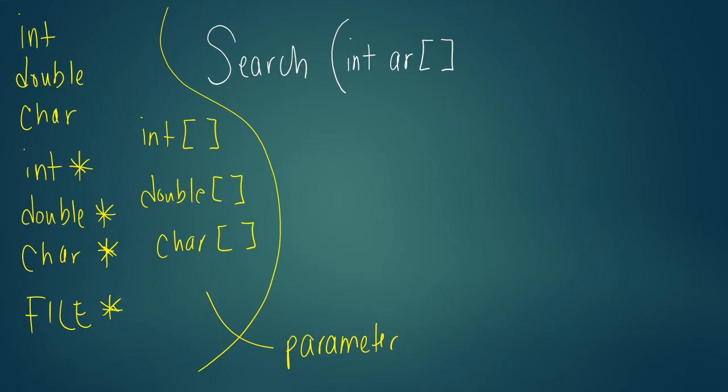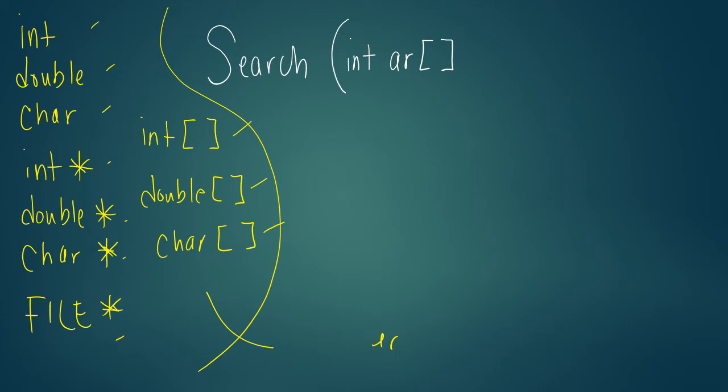You can have any combination. When you write a function, it can take integers, doubles, characters, integer pointers, double pointers, character pointers, file pointers, integer arrays, double arrays, and character arrays. And I am aware that a character array is also a pointer, but in this class we want to make sure that we know when we're dealing with arrays and we know when we're dealing with just pointers to one single element of that. So we could have any combination in our functions of these different data types.